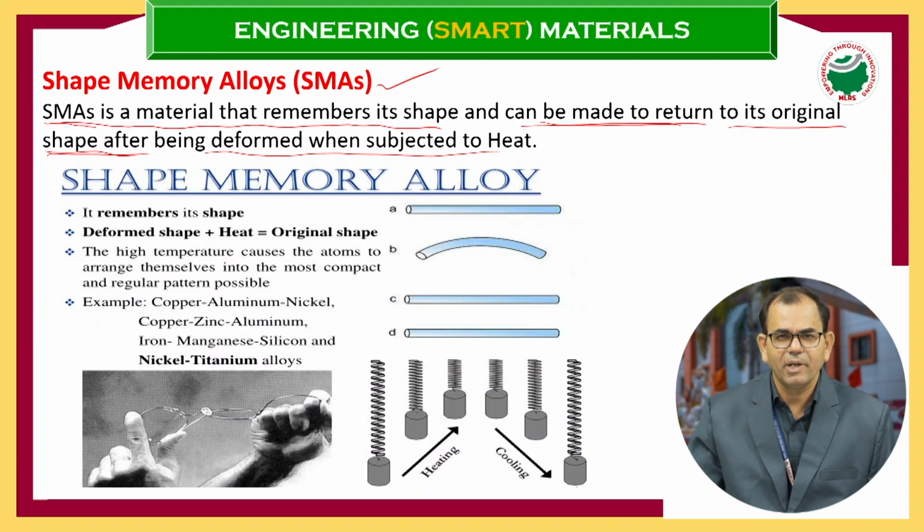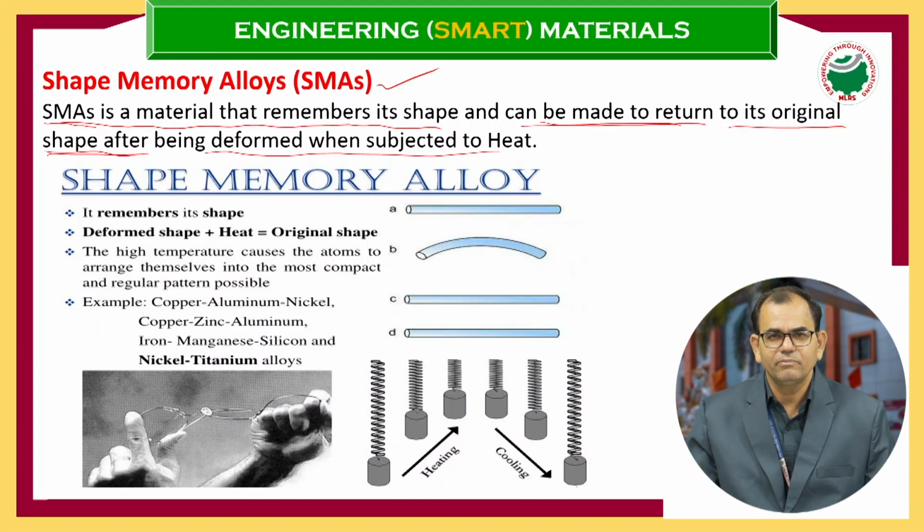Because when we apply pressure, the spring is compressed, and when we press the second time, the spring goes back to its original position. That means the ball pen spring is the best example.